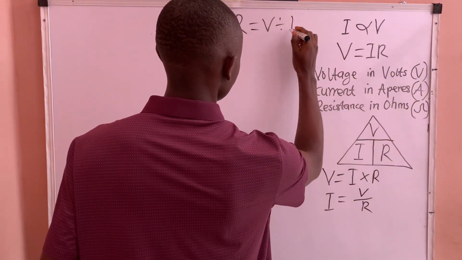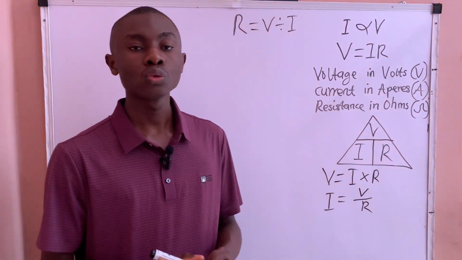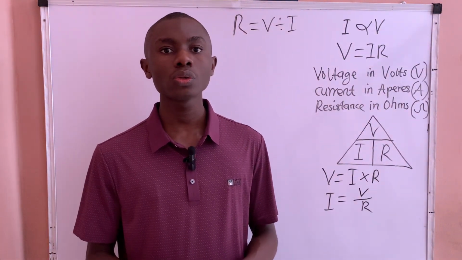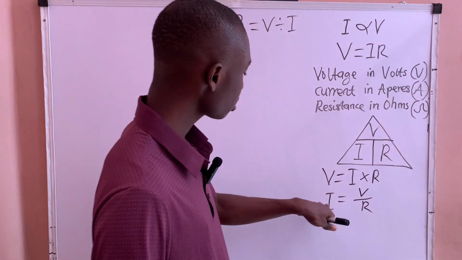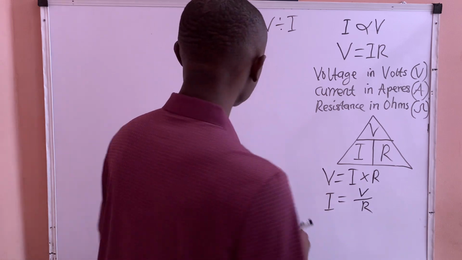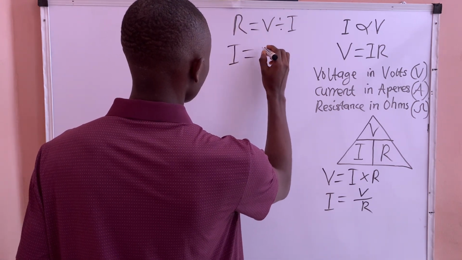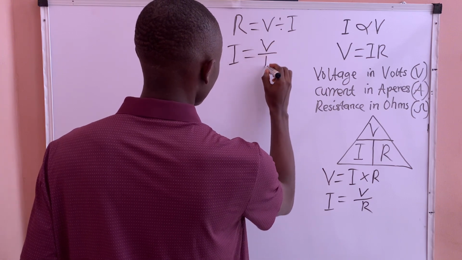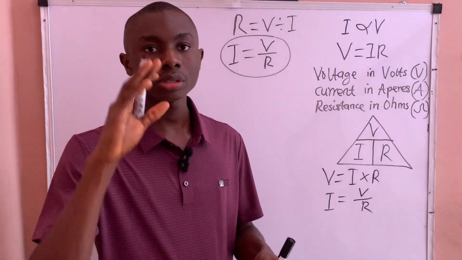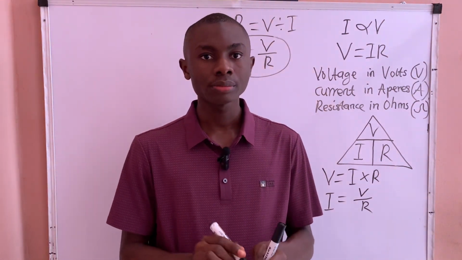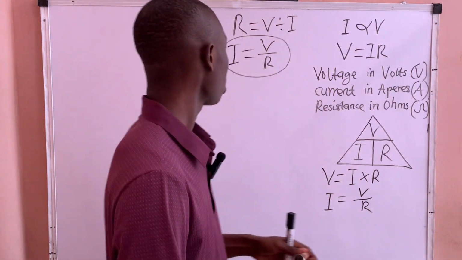This trick saves time during exams, and it helps you to remember all three formulas easily. From the second formula, I = V/R, let me use this particular formula to explain the concept of Ohm's law, the behavior of Ohm's law through a conductor.